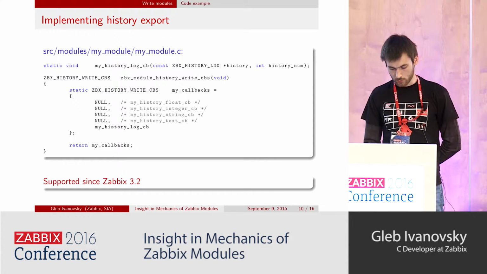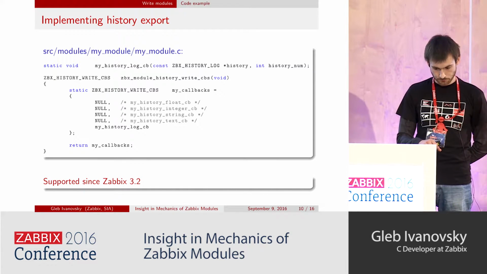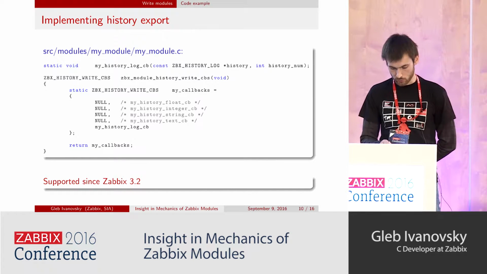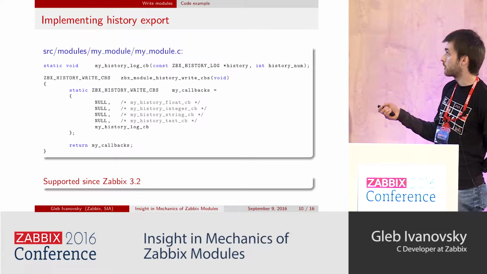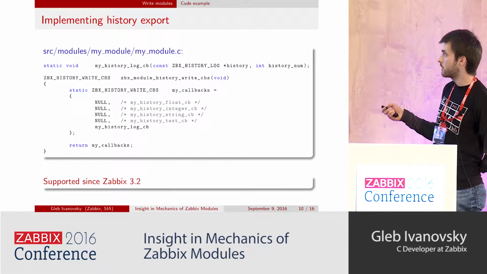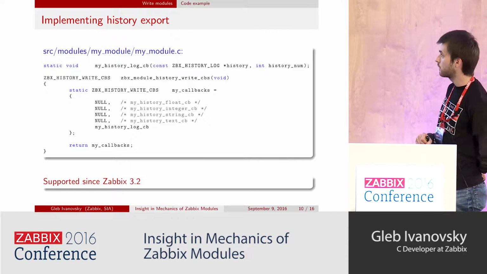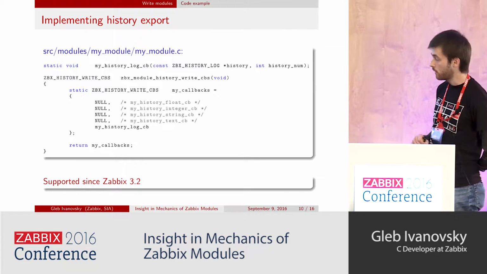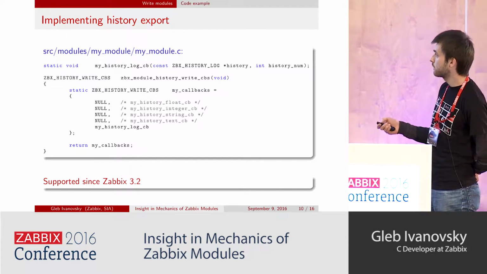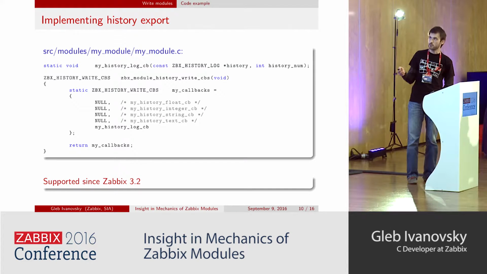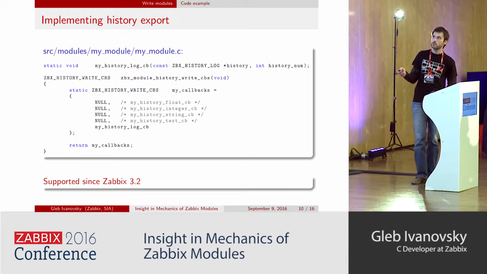Here's how it looks on the side of your module. You need to provide a function. Zabbix will look for this function. If it's there, history export will be enabled. And you return it. Say, for the sake of this example, I'm not interested in float history, integer history, or any kind of textual information.